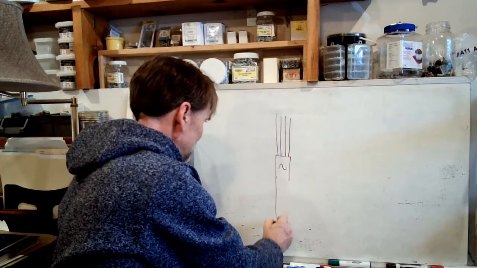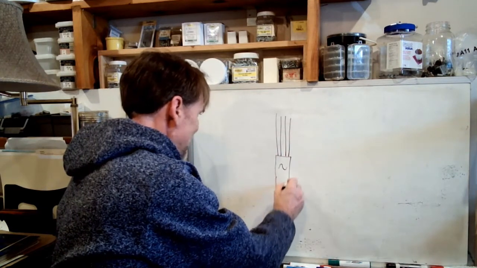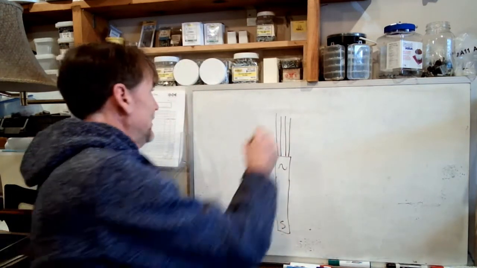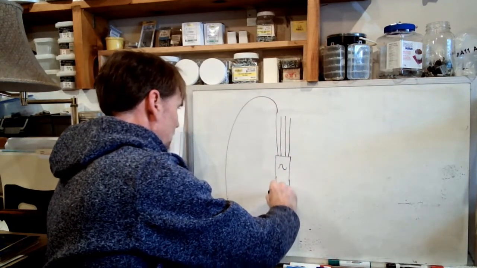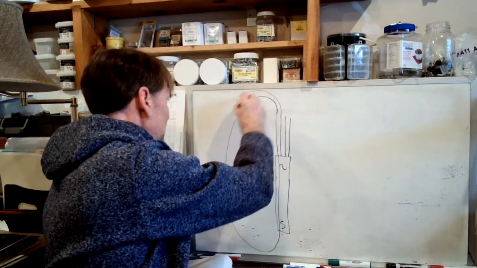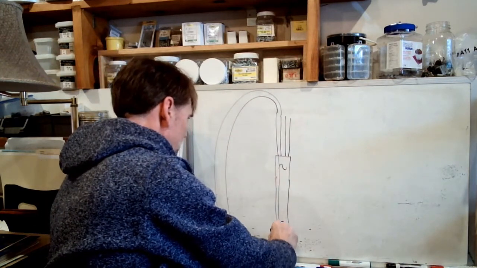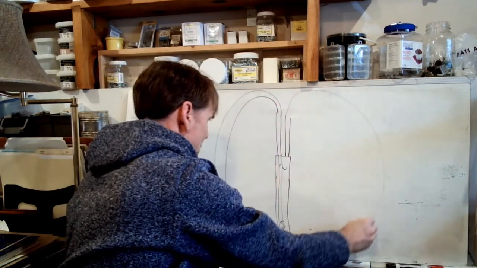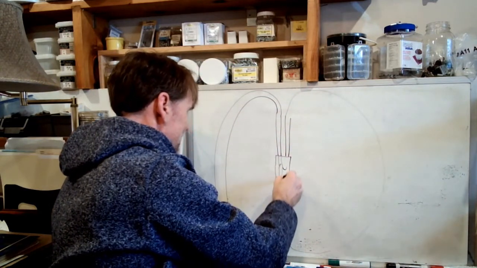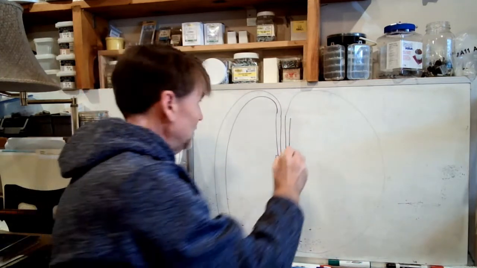This is actually just one end of the bar magnet, and these lines of flux are all coming around like this. Sorry, that's supposed to be symmetrical. It's not even close.